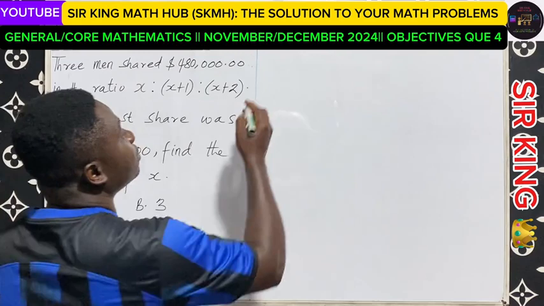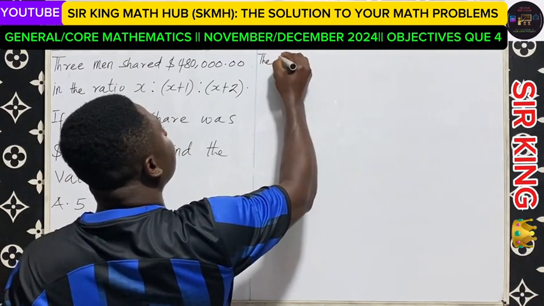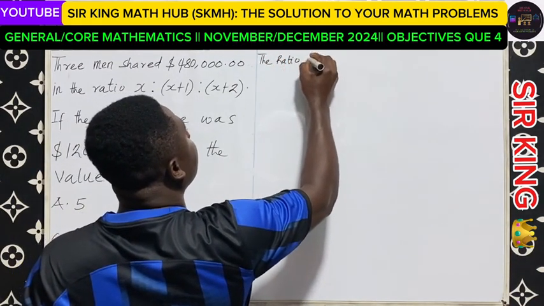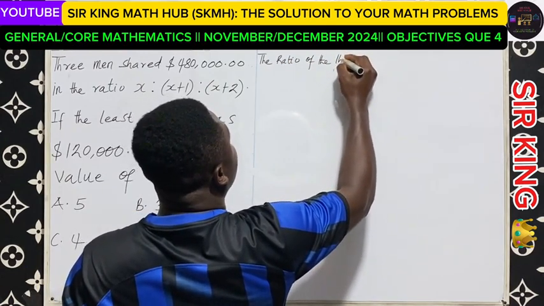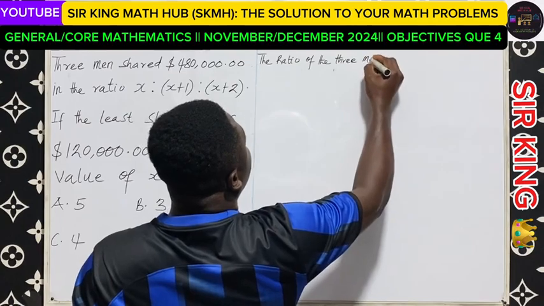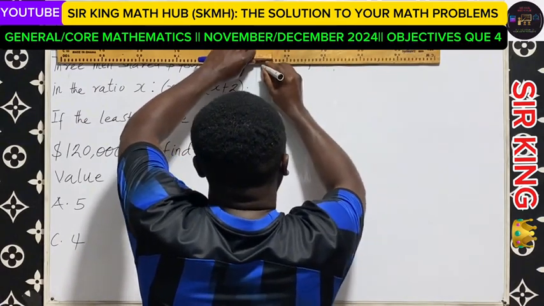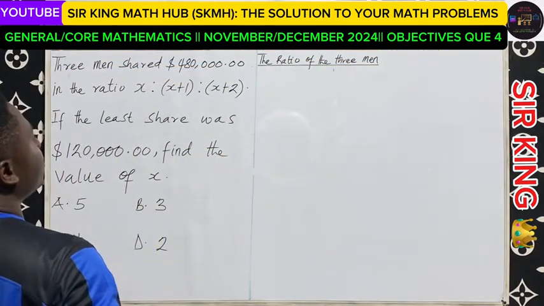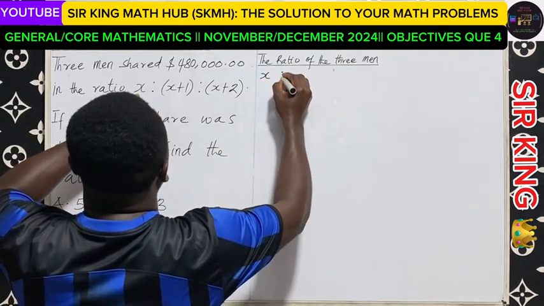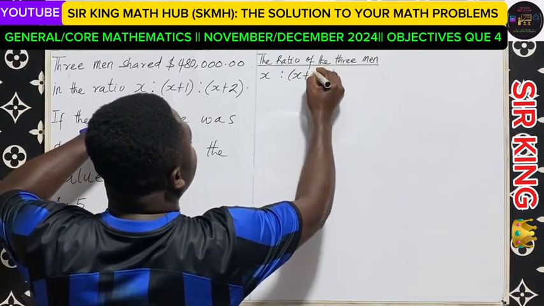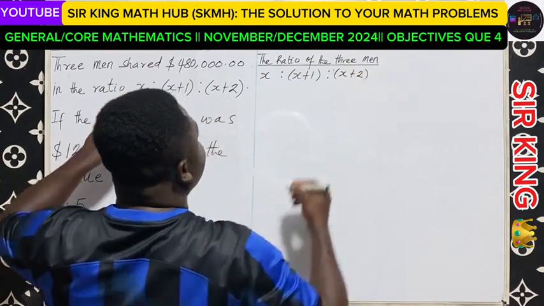So let's write the ratio of the 3 men. The expression for their ratio was given as x is to x plus 1 is to x plus 2.